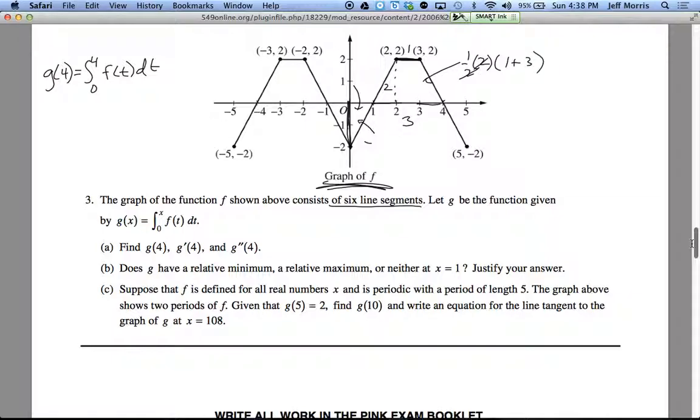Half of 2 is 1. What's the area? So this area is a total of 4, and the other area is -1. Sorry, I screwed it up. So what's g of 4 then?